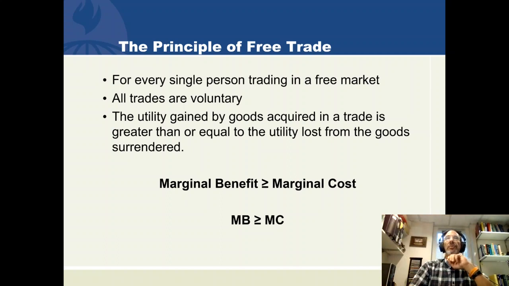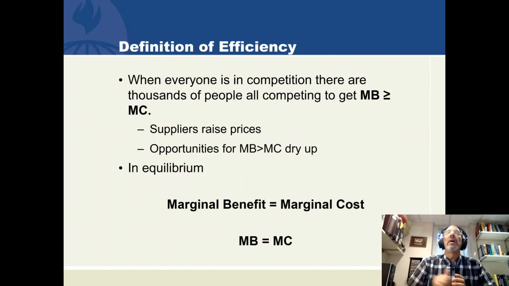Now, if we take that to its full conclusion and we finish trading and we grow our economy into perfect competition, so when there's perfect competition with thousands of people all competing to get marginal benefit greater than or equal to marginal cost, eventually suppliers will raise their prices, and the opportunities to find strictly greater than marginal benefit dry up. And all of the opportunities to do a little bit better than cost are gone.